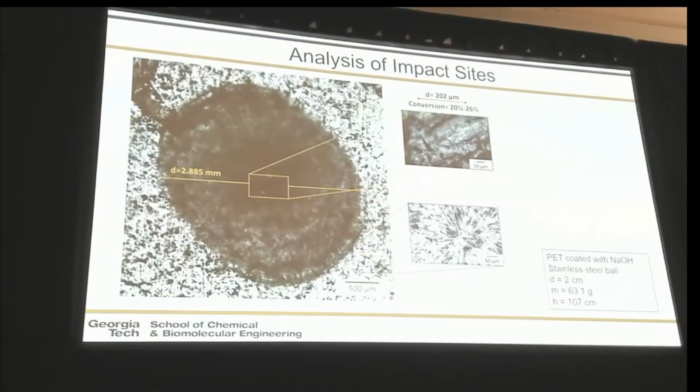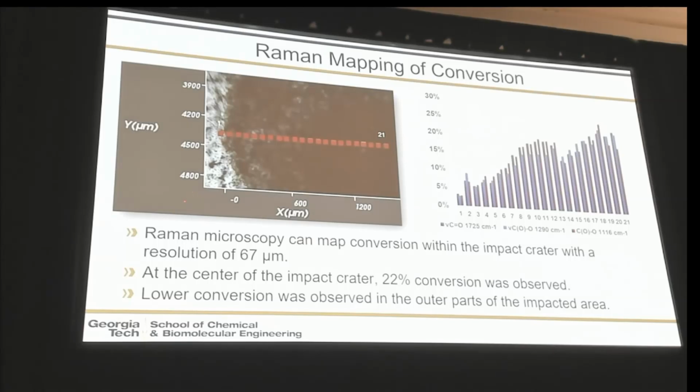We also looked at the crater that is created by this event, and this is something that a colleague did recently. Afterwards, the crater is not quite 3 millimeters. Within it, these red boxes are 37 spots. The Raman spectrum on PET has 3 characteristic peaks that disappear when depolymerization occurs, and this allows us to measure the conversion at each of these spots.